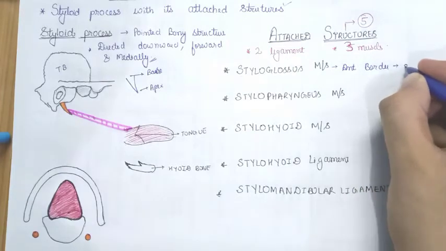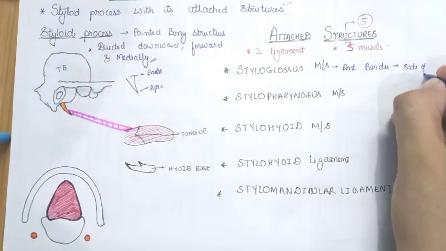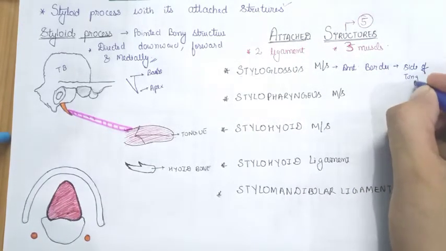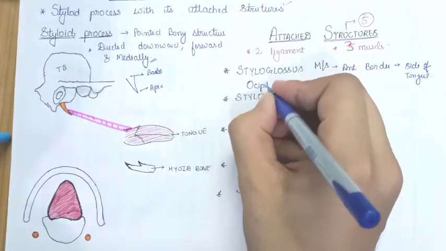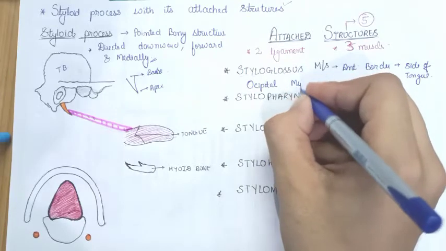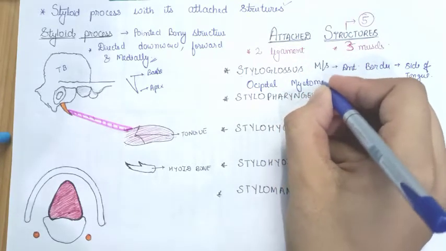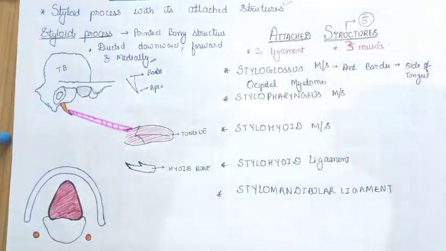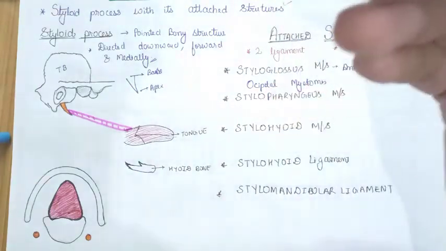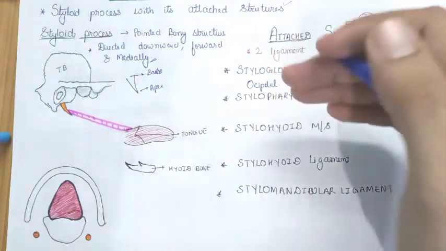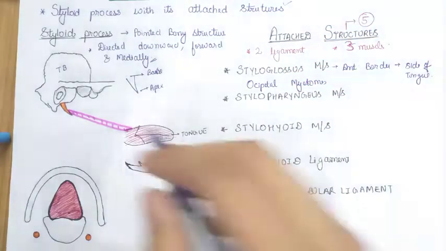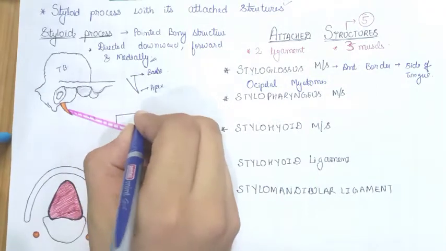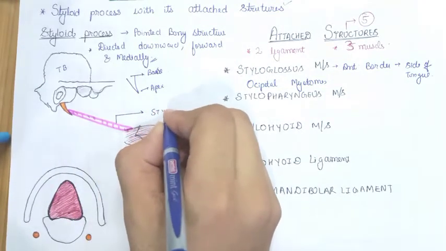So this is the origin of the styloglossus muscle. The styloid apparatus is not derived from only a single structure, it is derived from multiple structures, which I will tell you when I discuss each of the muscles or ligaments. Okay, the first muscle here is the styloglossus.